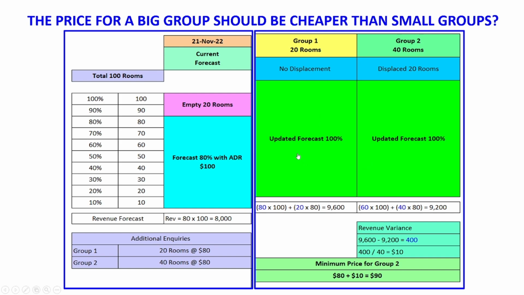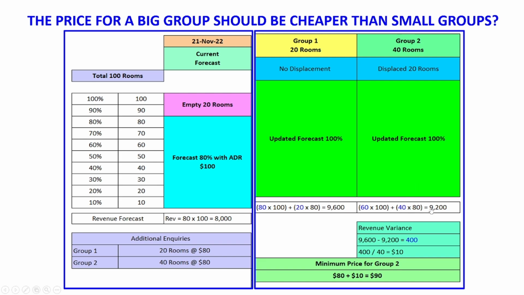If we take group 1, the updated forecast will be 100%. If we take group 2, the updated forecast will also be 100%, but we need to displace 20 rooms. So for group 1: 80 rooms times 100 US dollars plus 20 rooms times 80 US dollars equals 9,600 US dollars. For group 2, we need to displace 20 rooms, so the 80 rooms become 60 rooms: 60 rooms times 100 US dollars plus this 20-room forecast increased to 40 rooms, so plus 40 rooms at the 80 US dollar rate, equals 9,200.